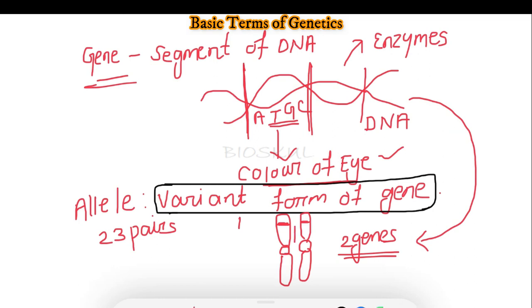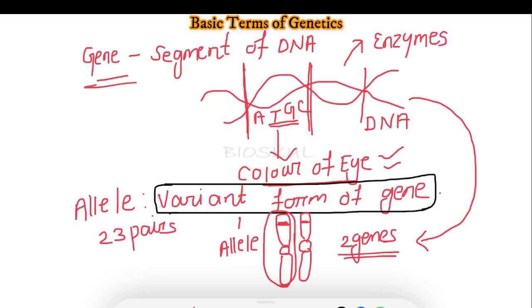A single copy of the gene is known as one allele. Both the alleles code for a similar character, but they may be similar or different.